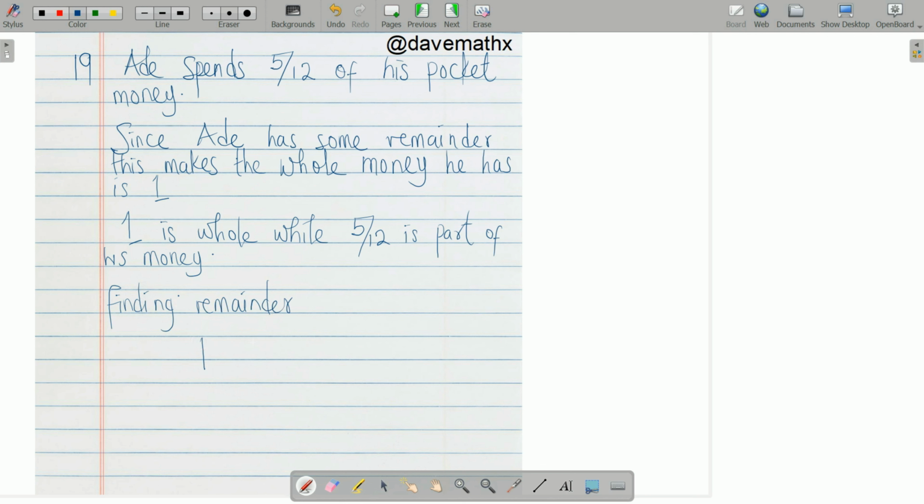Discovering the remaining, changing 1 to a unit fraction and finding the LCM. 1 and 12 is 12 and 12 times 1 is 12. 12 and 12 is 1 and 1 times 5 is 5. 12 minus 5 is 7. Our final answer becomes 7 over 12.